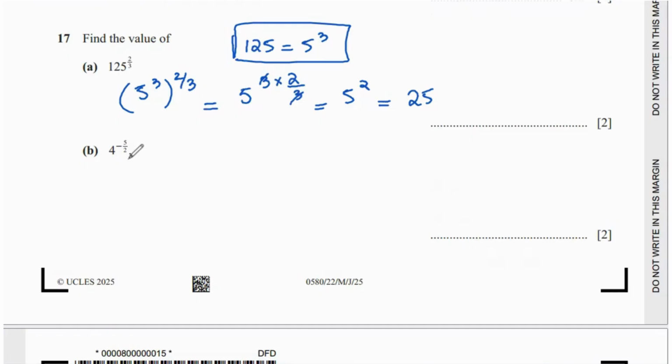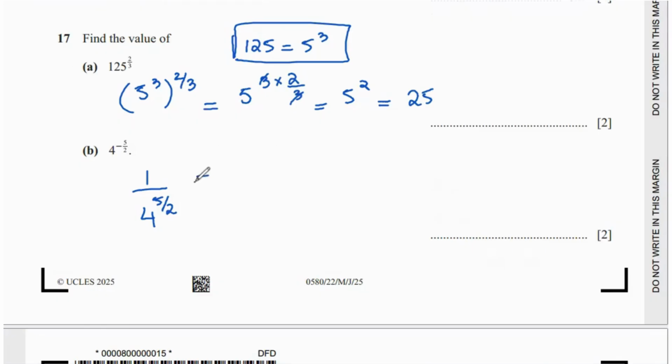It's not just a fraction. So to make a power positive, we take the reciprocal of the base. So 4 will become 1 over 4, and the power goes with 4, but now it's positive. You don't flip the power, you change the sign of the power. But you will flip the base. So 4 becomes 1 over 4, and the power becomes positive 5 over 2 now.